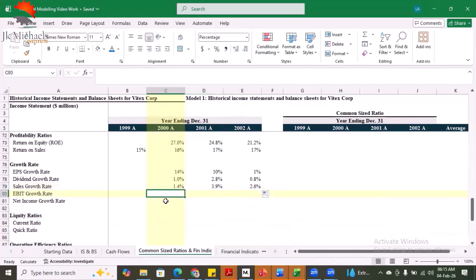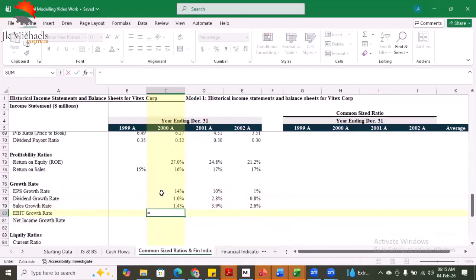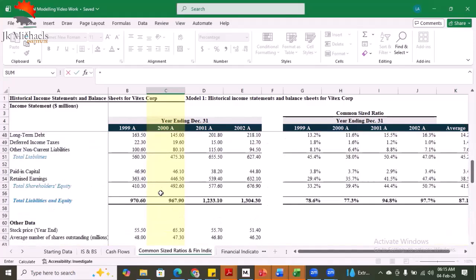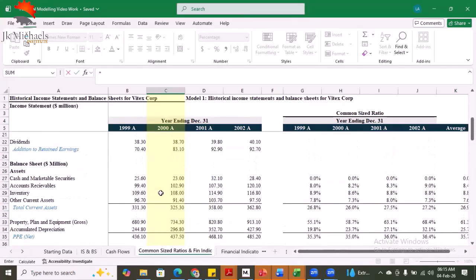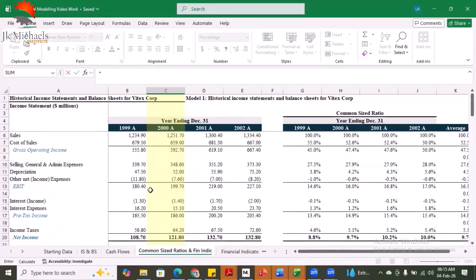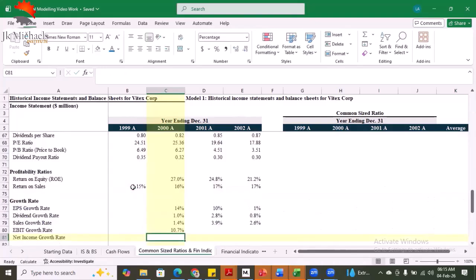And then we have EBIT growth rate, where we'll have earnings before interest and taxation from the income statement, the current period divided by the previous period minus 1. You shall have that on the right side. Good, 10.7.